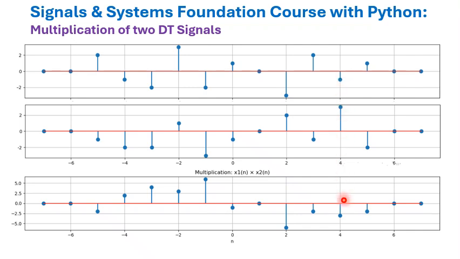Sorry, this is 2 and this is minus 1, so minus 1 into 2 will result in minus 2. These are not properly scaled. Now this signal has the value of 1 and this one has the value of 2, so 2 into minus 1 will result in minus 2, and for the rest, both the signals are 0, so it will result in 0.